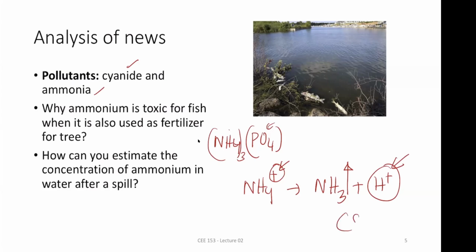Carbonate has negative charge, for example sodium bicarbonate, which is basically your baking soda. If you dump baking soda in your water, it becomes carbon dioxide and carbonate. This carbonate will react with hydrogen because of the negative charge. So if you add those, all the ammonium will break into ammonia gas and release into the atmosphere. That's the treatment process.